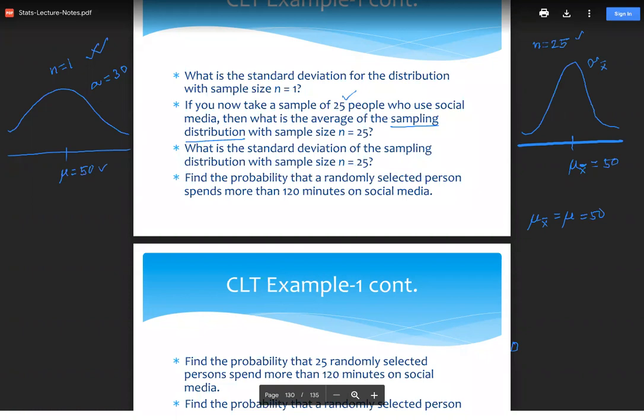Now the next question I'd like to ask is sigma sub x bar. What is the value of sigma sub x bar? That means, what is the value of the standard deviation for the sampling distribution? Remember, there is a relation between the standard deviation of the sampling distribution and the standard deviation of the population. So go ahead and tell me what this value is. I want a volunteer, try it.